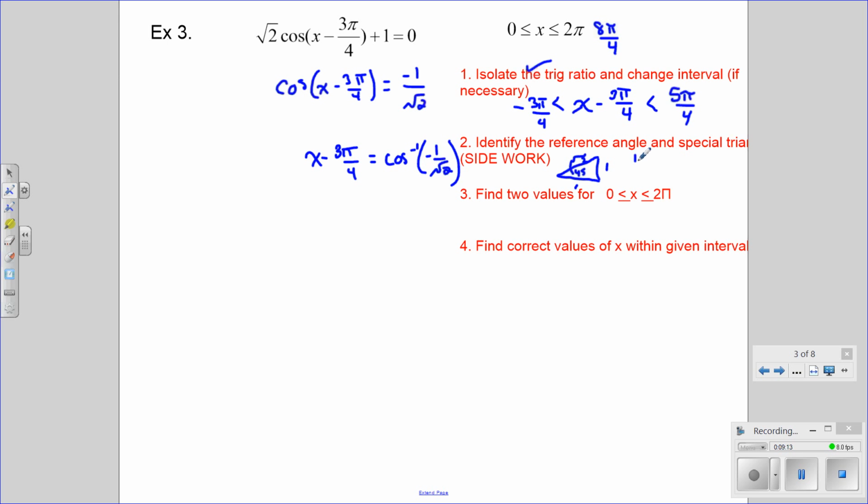So I have a 45-degree reference angle, or pi over 4, and I'll be in quadrants 2 and 3 for cosine. All right, so the two values that would satisfy this equation just between 0 and 2 pi, I'd be looking at 3 pi over 4 and 5 pi over 4.